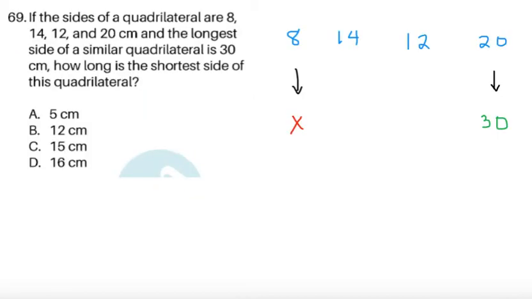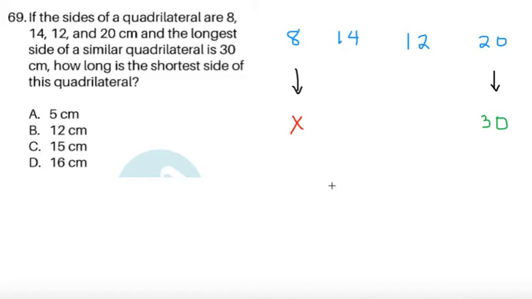To continue, if the sides of a quadrilateral are 8, 14, 12, and 20 centimeters, and the longest side of a similar quadrilateral is 30 centimeters, how long is the shortest side of this quadrilateral? Now, one thing to note is that if we have similar polygons, in this case quadrilaterals, and we're given the sides, we know that the ratio of the sides is constant.